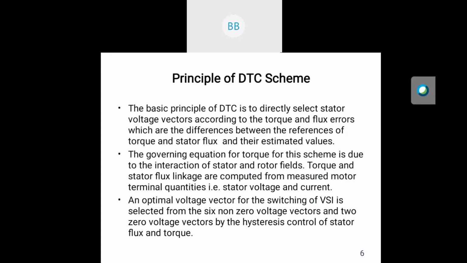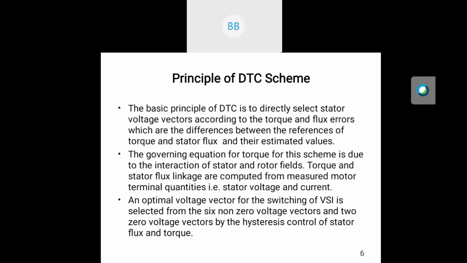Principle of DTC. So what is the principle of DTC scheme? The basic principle of DTC is to directly select stator voltage vectors according to the torque and flux errors. These torque and flux errors are the differences between the references of torque and stator flux and their estimated values. Actually, in a voltage source inverter fed DTC AC drive, the torque and flux parameters can be directly controlled by the application of the proper stator voltage space vectors from the inverter.